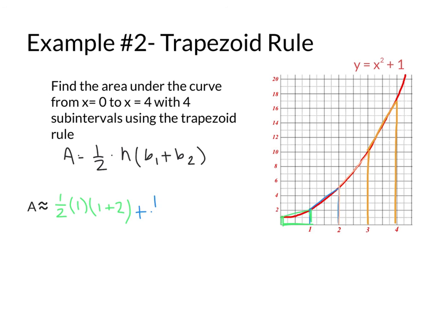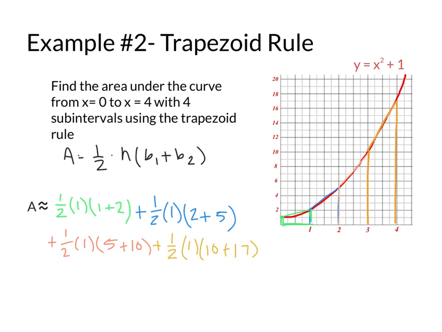So I write 1/2 times 1 again, and then the first base here is going to be 2, and then base 2 is going to be 5. And you keep doing this until you've calculated the last area for the last trapezoid. And once you have all of those calculated, you add them up in your calculator, and you should get an answer of about 26. And that is your final answer.